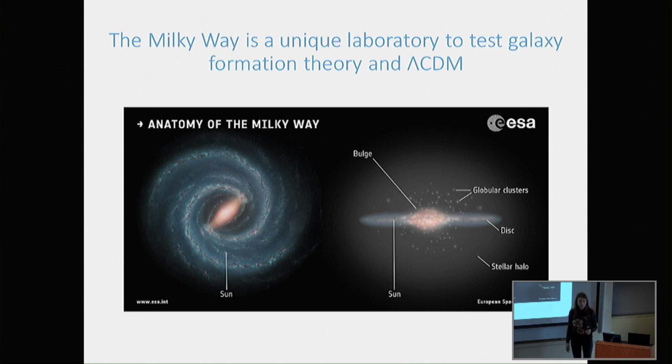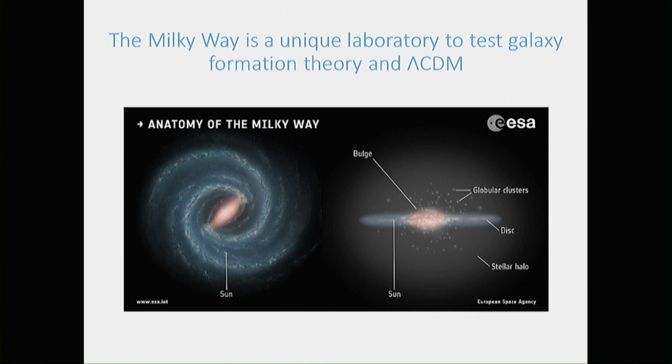The way we address this problem is by dividing our galaxy into discrete components, like the bulge, disk, and stellar halo, and then by defining their structural parameters like masses and scale radii, so we can compare those with other observed galaxies. We also compare our galaxy with numerical simulations to test our galaxy formation theories and the lambda CDM paradigm. However, even those structure parameters are not easy to measure.